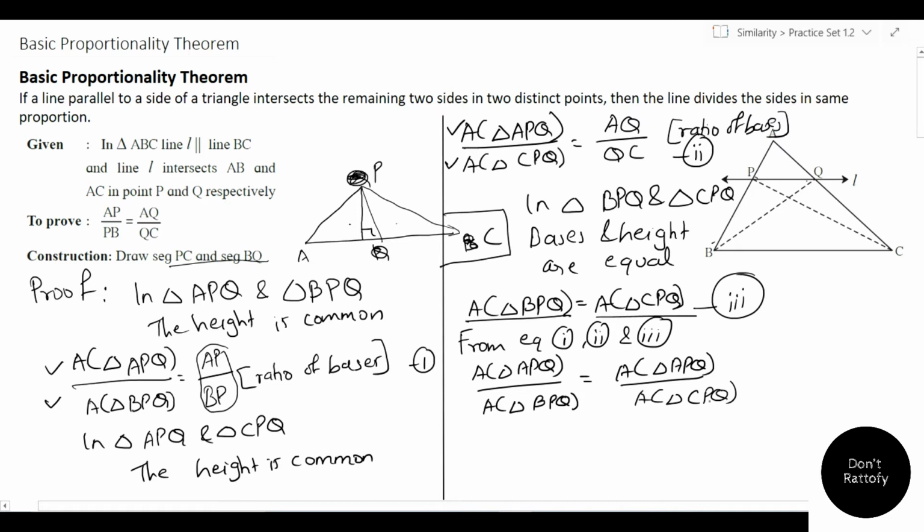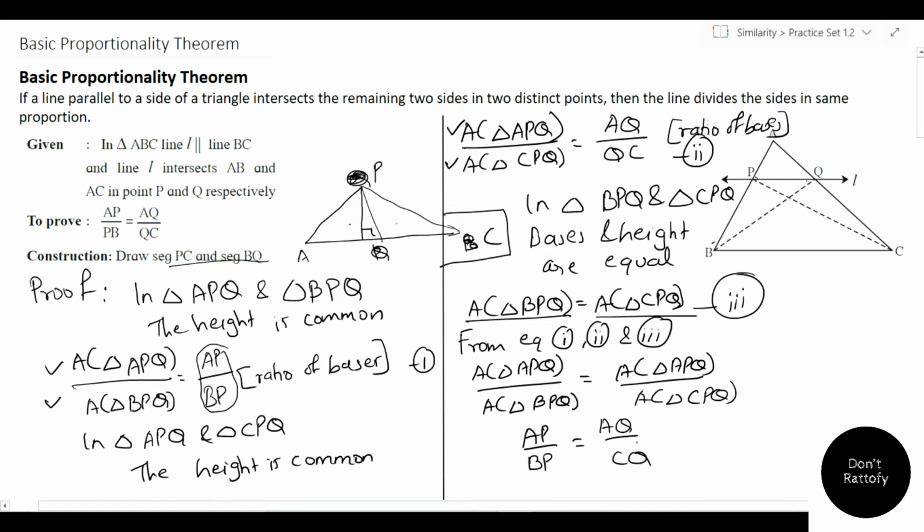Okay, as we know that the numerators and denominators of both the equations are equal, the LHS are equal, can I say that the RHS should be equal? So instead of APQ upon BPQ, I will write AP upon BP, and instead of APQ upon CPQ, I will write AQ upon CQ, or QC.